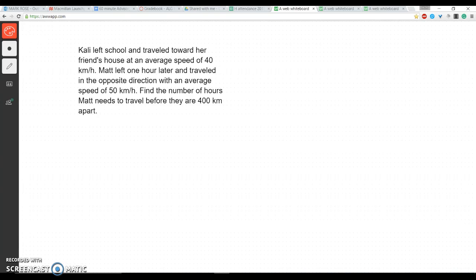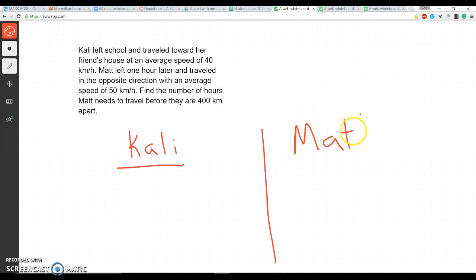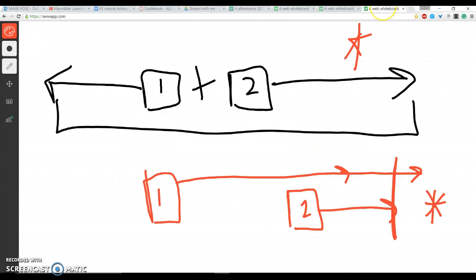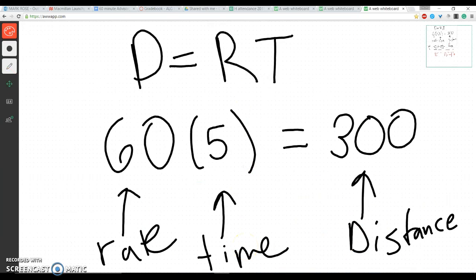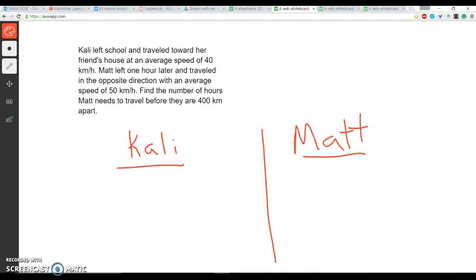When I'm reading that, that's a lot of information. I normally set up all my problems into 2 spots. So this is my car 1 or Callie, and this is my car 2 or Matt. Since rate times time equals distance, I just care about the rates and times for Matt and Callie.